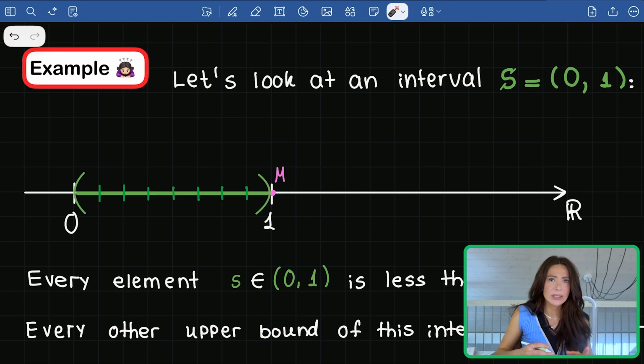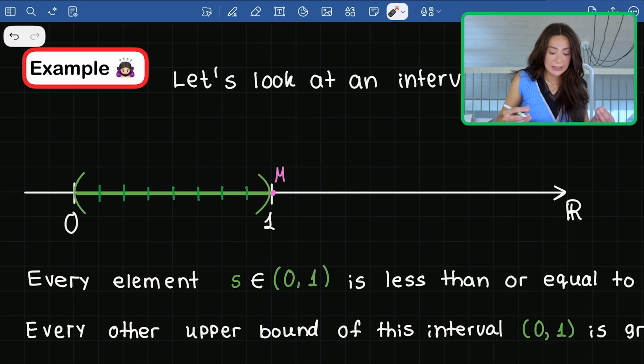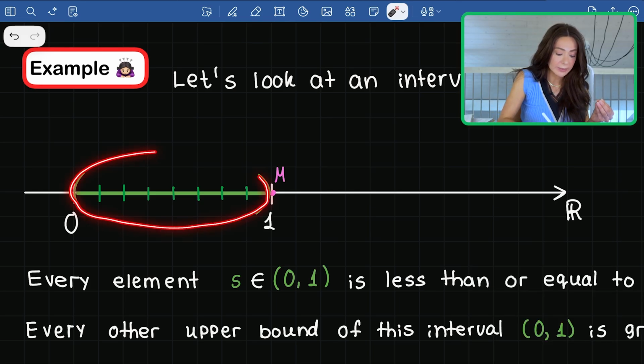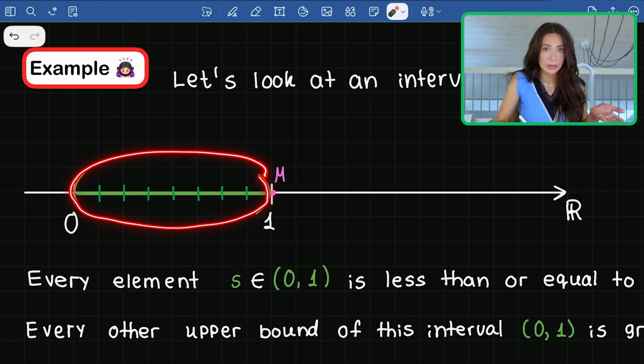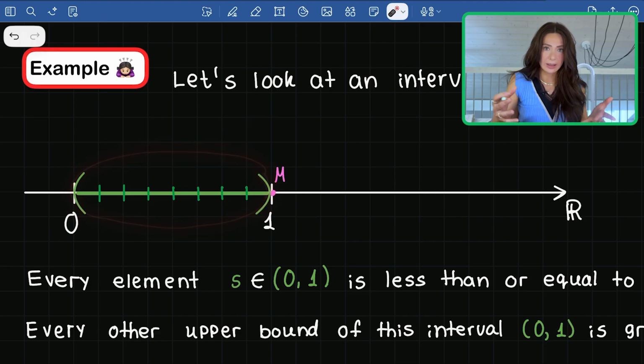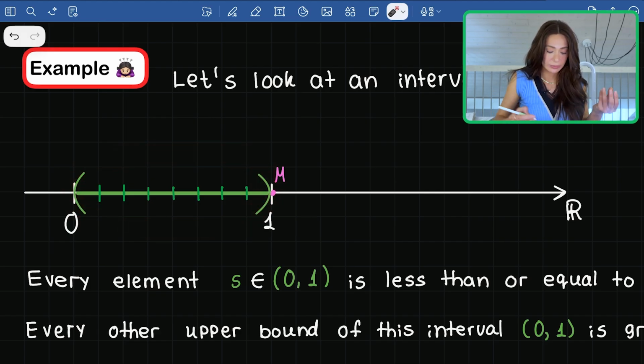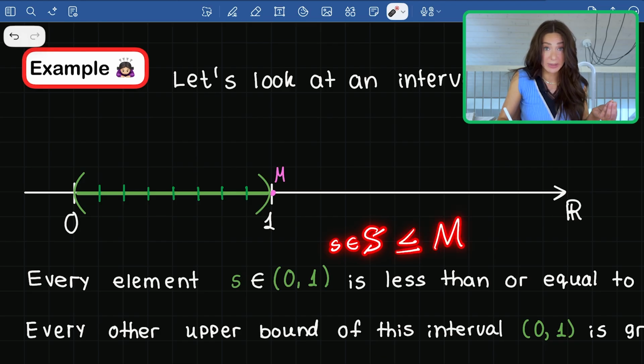Okay, so the implication of the first portion of the definition, or the first condition, is that, what does it mean to be an upper bound? It means that every single element in a set under consideration or interval under consideration has to be smaller than the upper bounds, right? So every single s in this interval, so small s in this set, has to be smaller than the supremum.